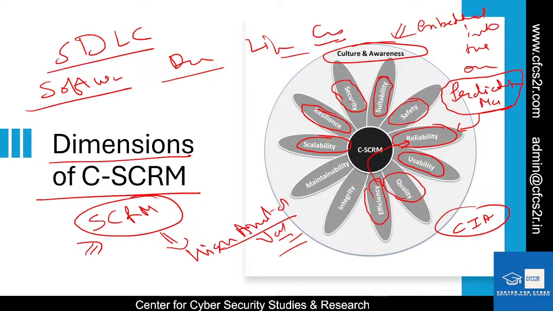Whenever we talk about COVID-19, we always say that resiliency towards security is a very important part, because after COVID-19 a lot of new malware has been generated. The world is exponentially running after security. So resilience is very important. These are the different dimensions of supply chain risk management.